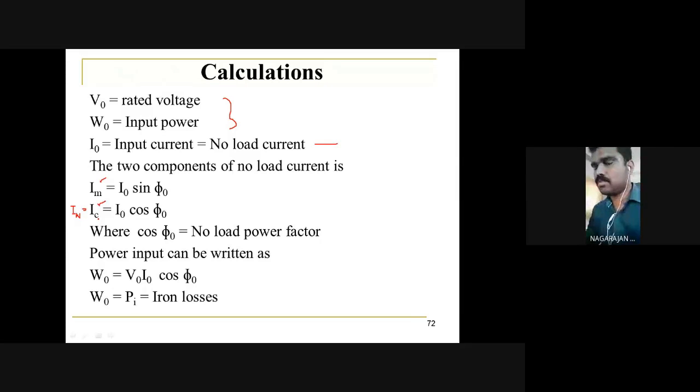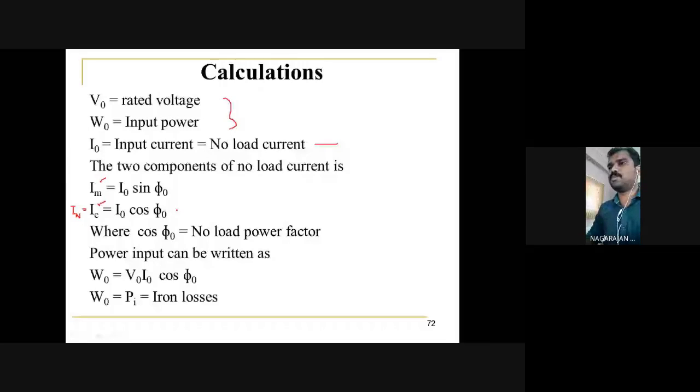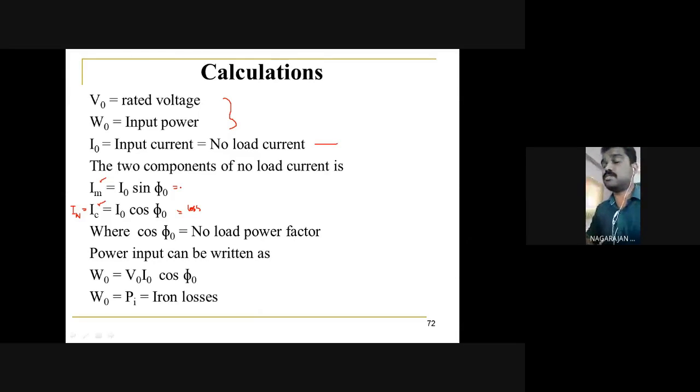IC means core loss component, IW means working component. This is the pure loss component, responsible for the loss. And the other current is the useful current, the current which is utilized for magnetizing the core.